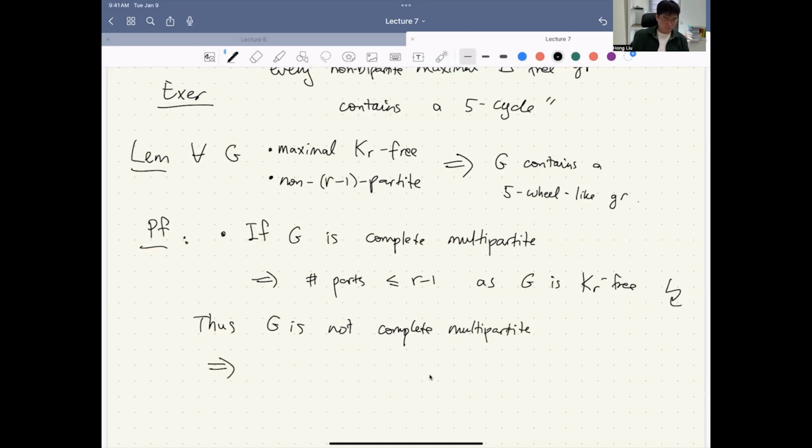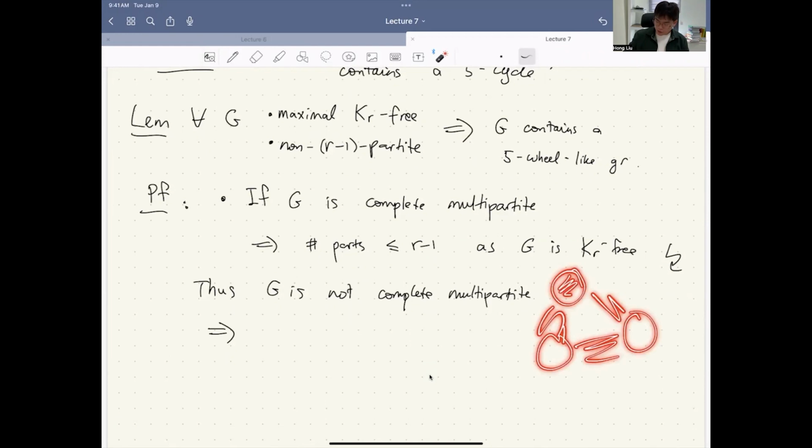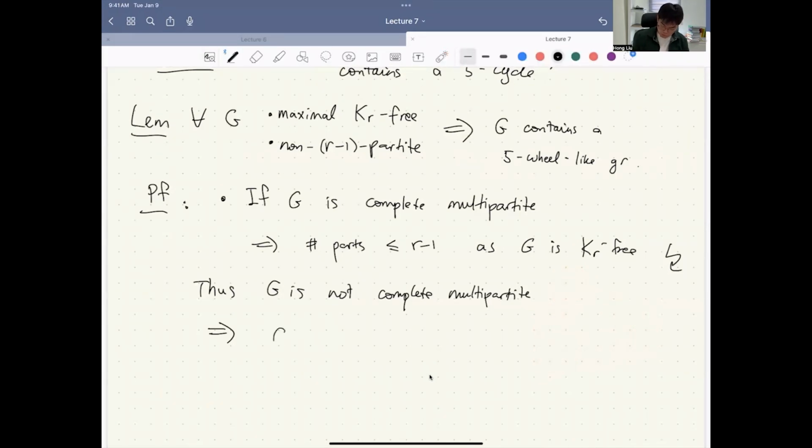Which implies, if G is not complete multipartite, then its complement is not a disjoint union of cliques.